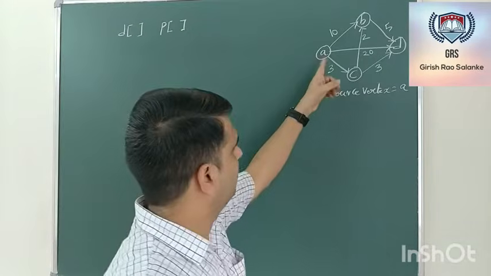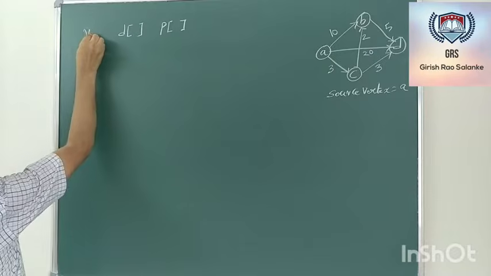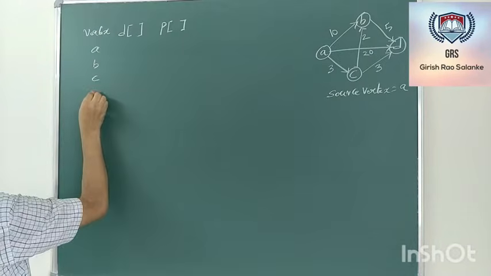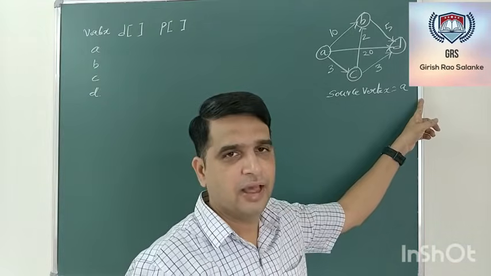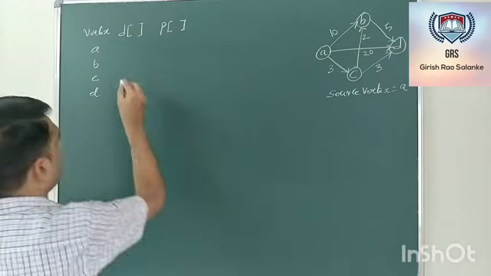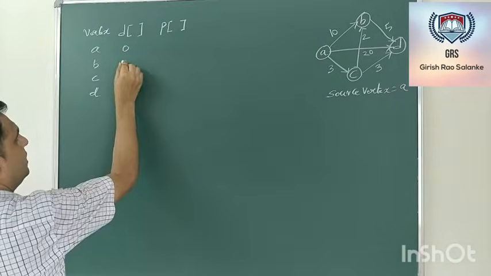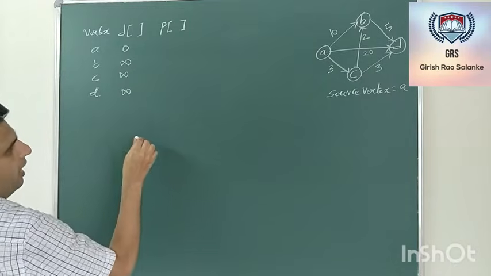Now, what are the vertices? Vertices are A, B, C, D. Let me have here vertices A, B, C, D. As A is my source vertex, I will initialize a distance of 0 to A. That means the distance to A is 0 and the distance to all other vertices is infinity.